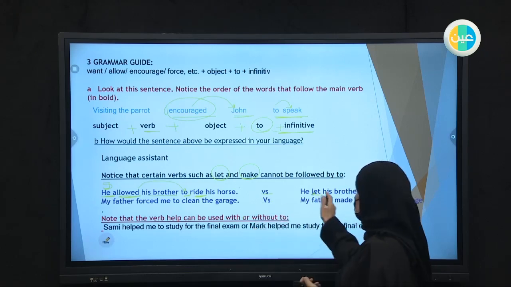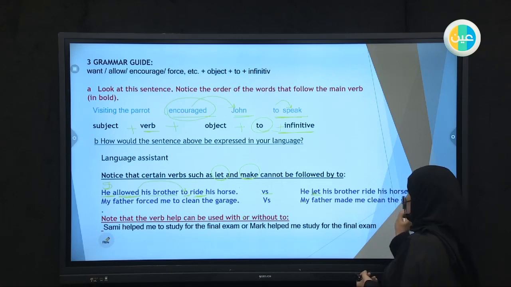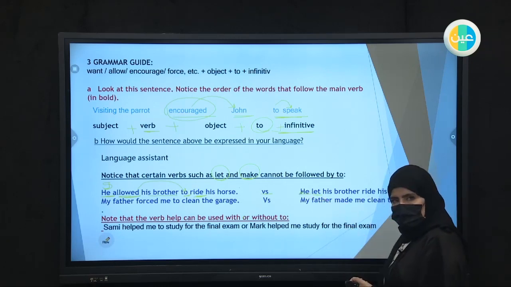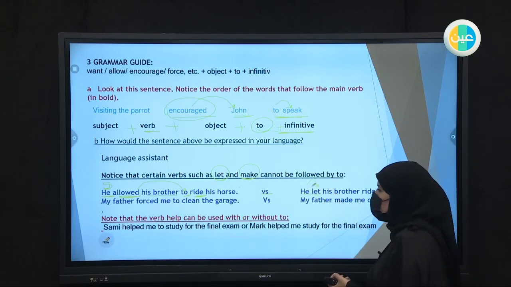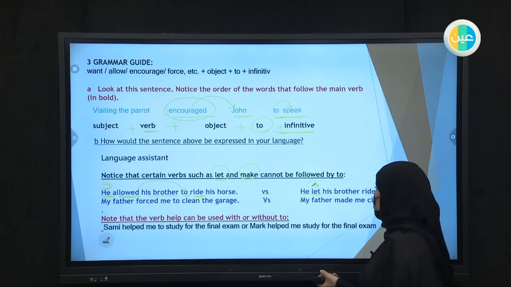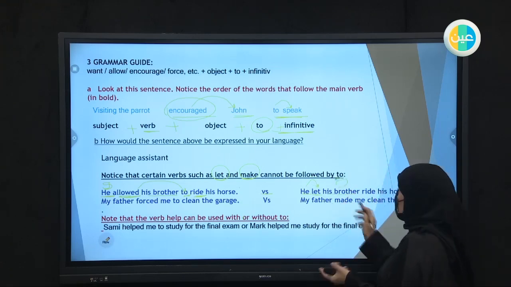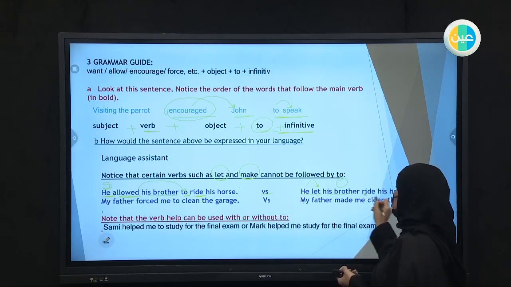Okay. Let's see the sentence here. He let his brother ride his horse. Here we start with what? With the subject. And then what follows after the subject? Let. Okay. His brother is the object. What comes after the object directly? Ride.